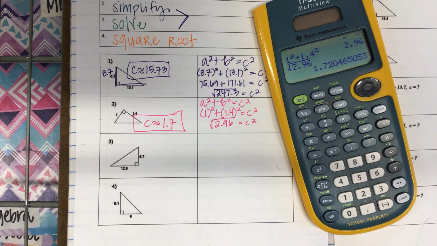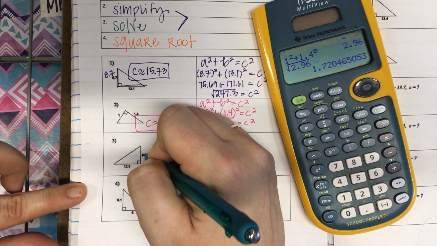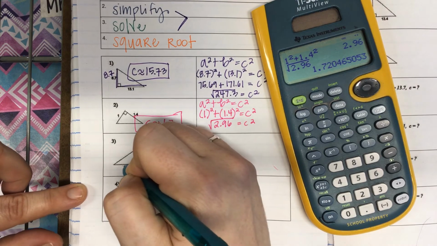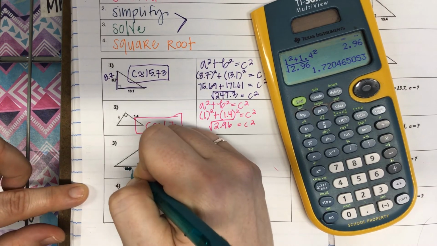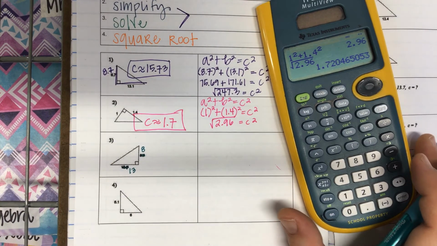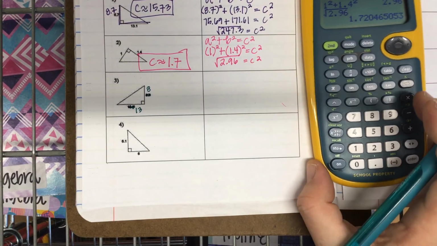I want to talk through this example. I'm going to change these numbers though. I'm going to make this number 8. And I'm going to make this number 13. I'm going to change the values just so that we can talk about what our calculators sometimes show us.